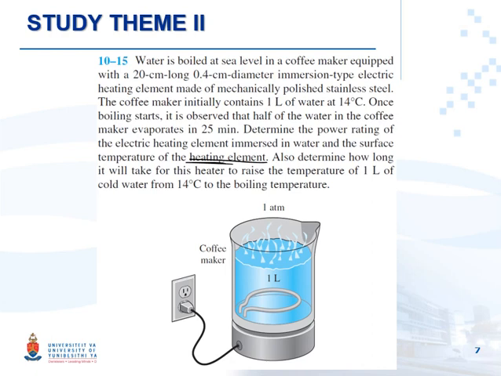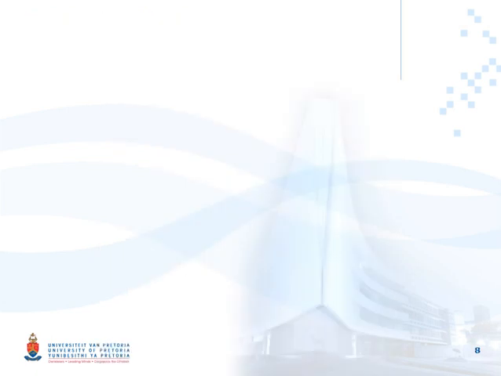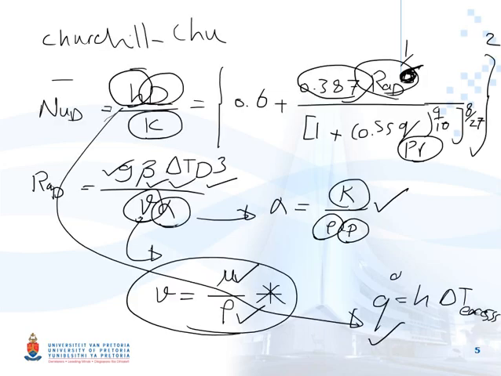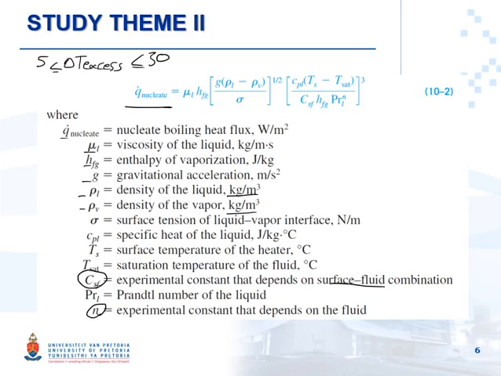But in this case, we are assuming that it's nucleate boiling. In fact, we know it is nucleate boiling, but we are just going to pretend that we don't know anything, so we are assuming that it is nucleate boiling. So for nucleate boiling, we go to this correlation. You see that all these properties we need to read from the table. But the problem is sometimes you might ask, at what temperature should I read it?